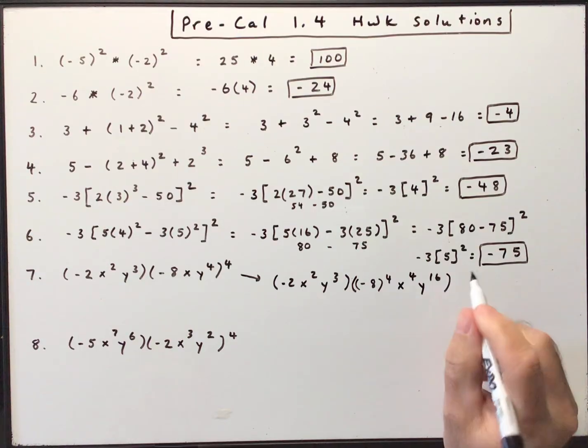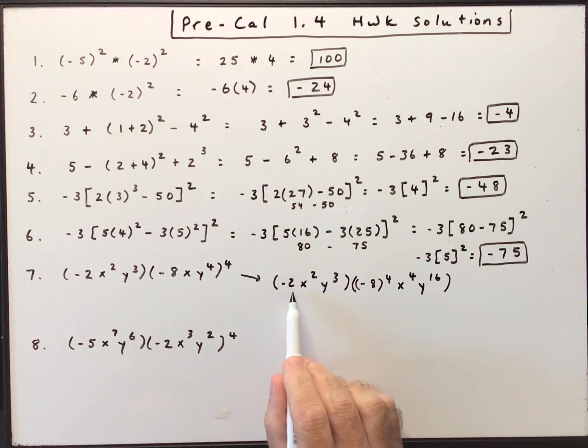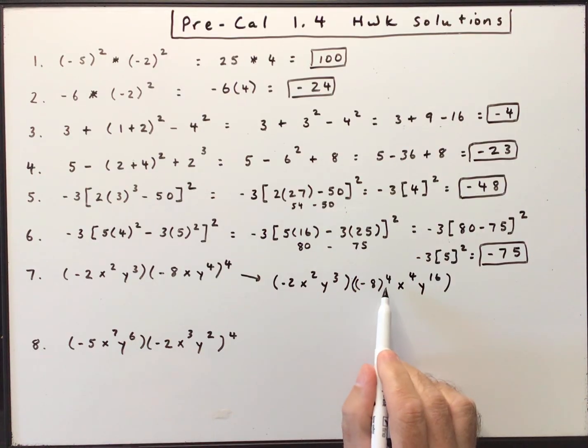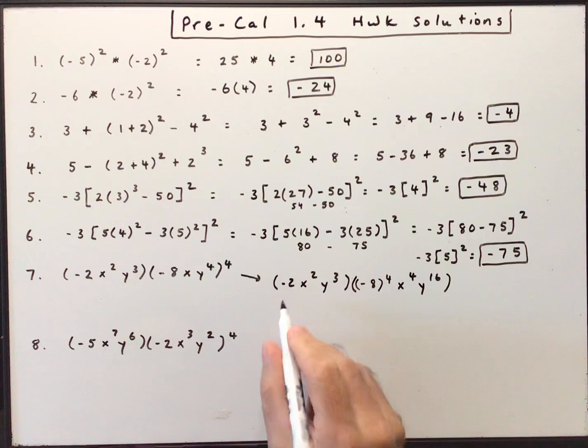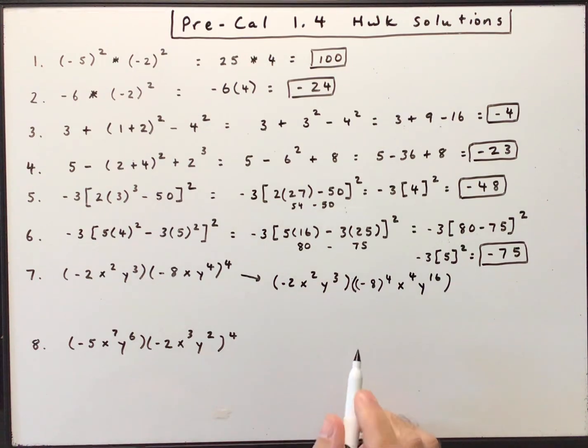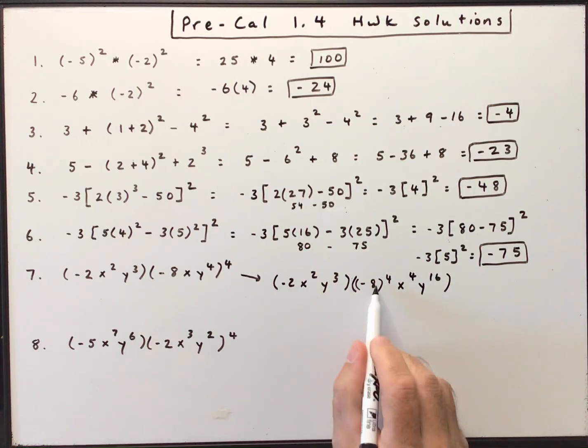All right, so we've got negative 2 times negative 8 to the 4th. Okay, so I'm going to do the non-variable parts, the constant parts first.